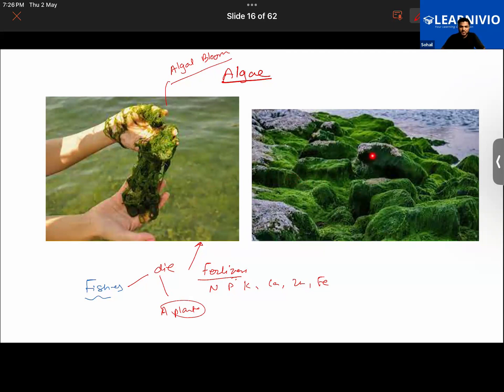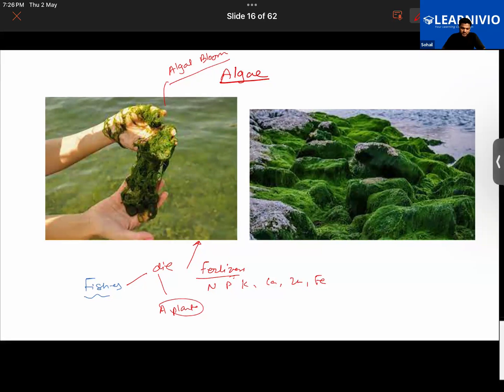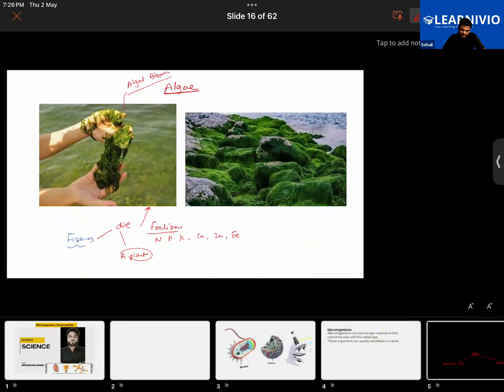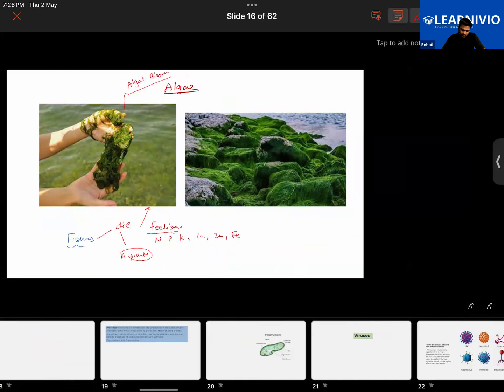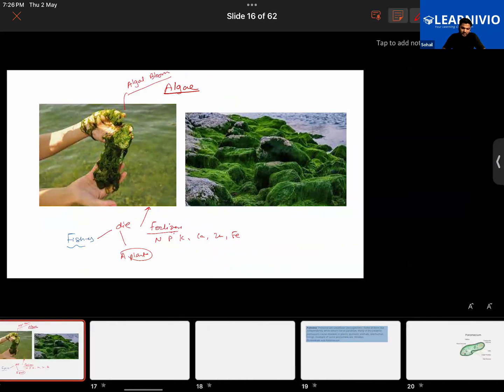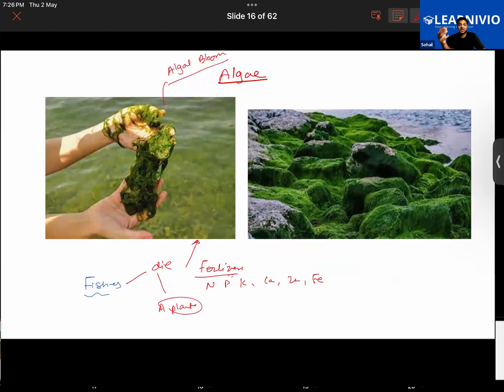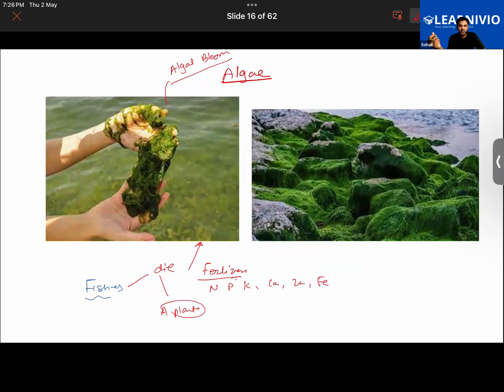If you visit somewhere where the water is very polluted, you would find that the water body appears as if someone has laid a green carpet above it. It almost looks like a small grassland. That is called an algal bloom.